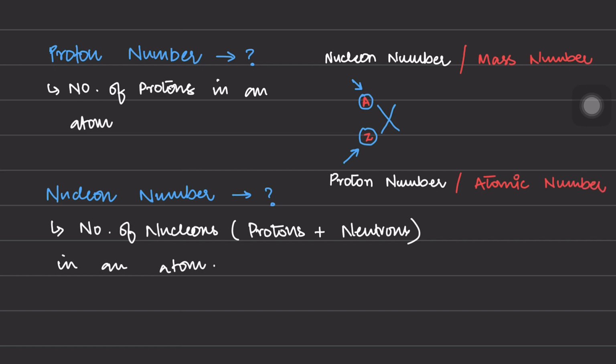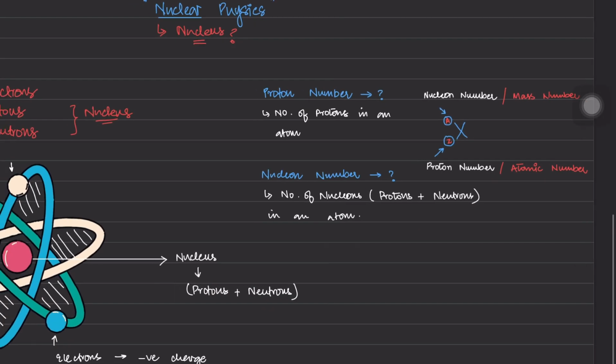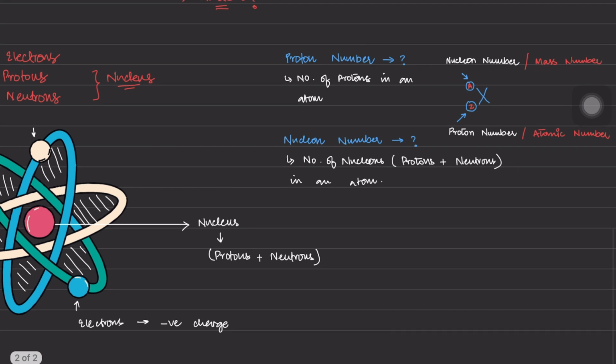All good? Now let's talk a little bit about these subatomic particles one more time: the proton, neutron and the electron, the relative charges they have, and the masses for each of them. First, a proton has a positive 1 charge.